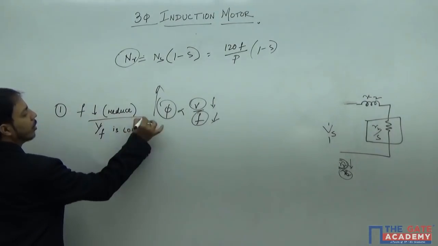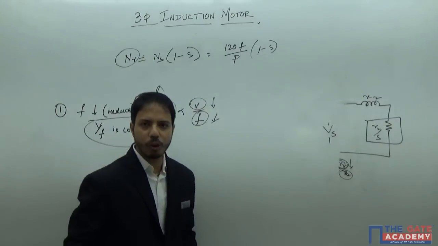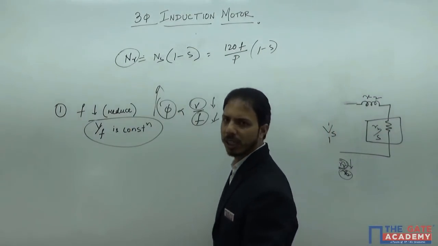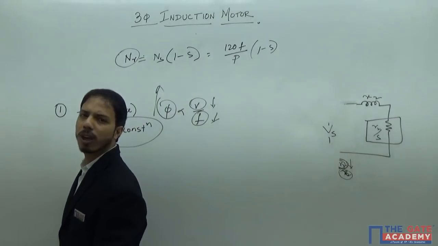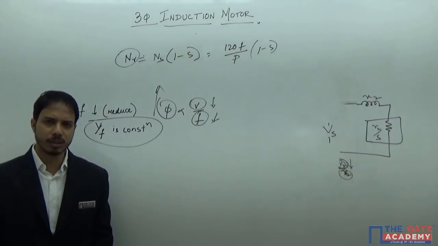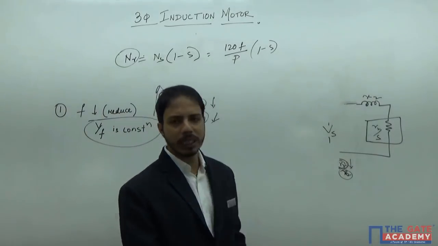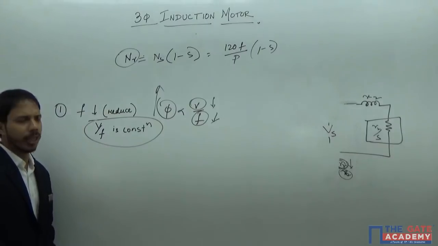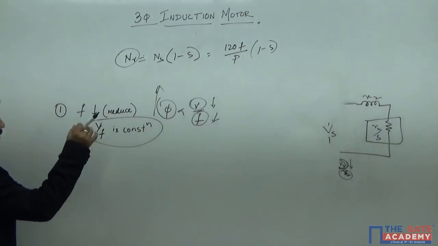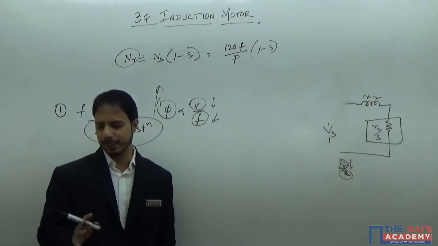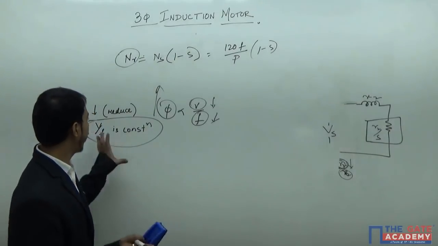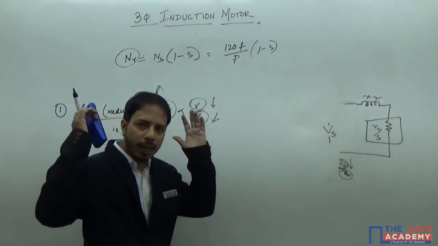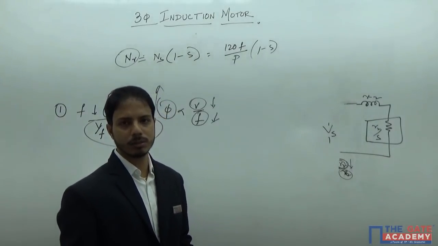Or else, if we do not keep V by F constant while reducing the frequency from 50 Hertz to, let us say, 40 Hertz, there will be very high losses, the motor will become inefficient, and there will be heat losses, which is not good. Now let us say V by F is constant and analyze it. One thing I have explained is that if I need to reduce my frequency, I have to keep V by F constant.